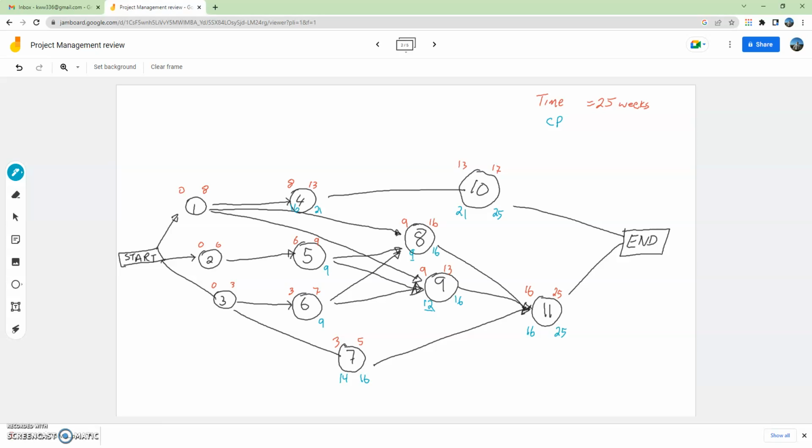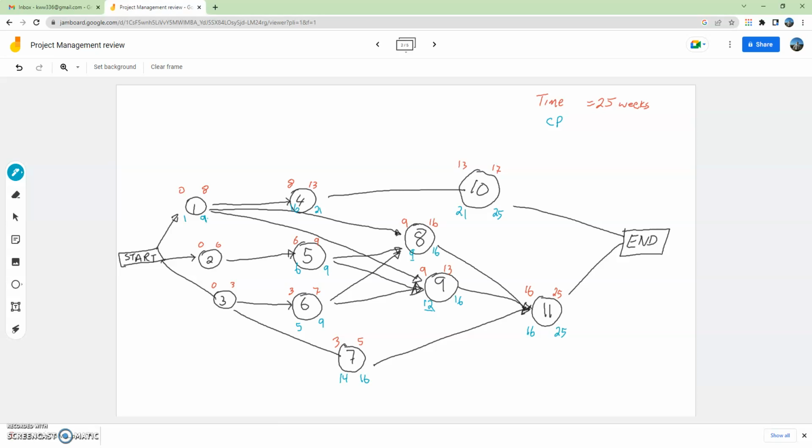So then the latest activities before this would have to be able to finish by would be that time period. So we have 6. In this case, we would have 5. Activity 1 would be 12. This would be 9, because it has to finish in enough time for activities 1, 8, and 9. So this one would be 9, starting at 1.